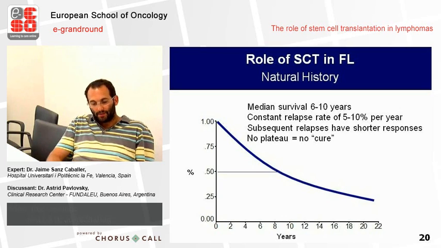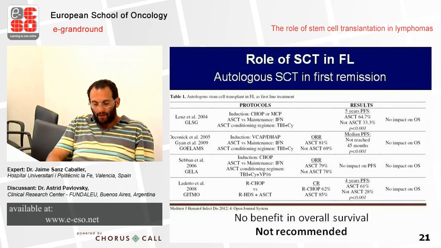Slide number 21. Three large randomized trials from Europe before the availability of rituximab have compared the efficacy of autologous transplant with conventional therapy with interferon maintenance as consolidation.